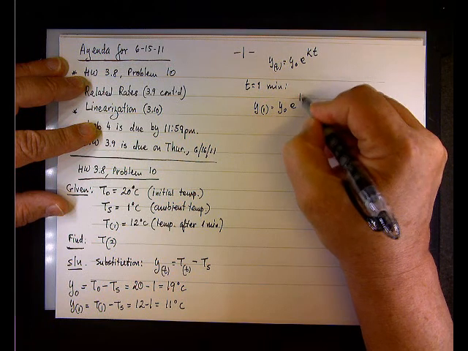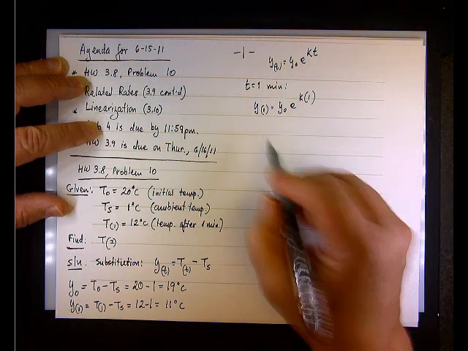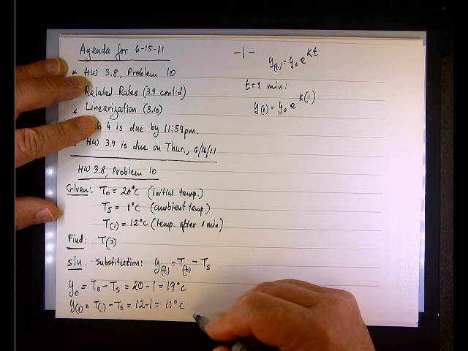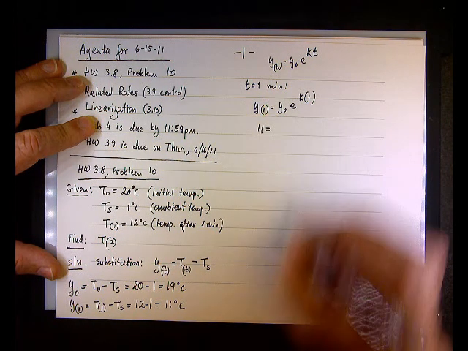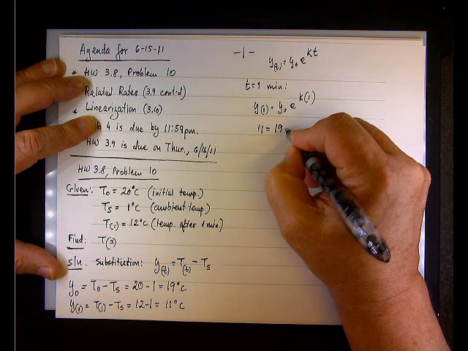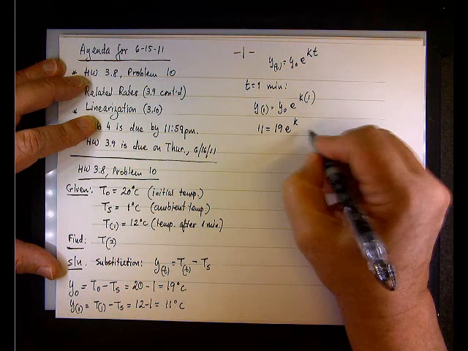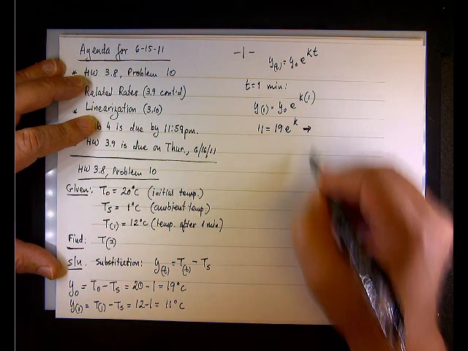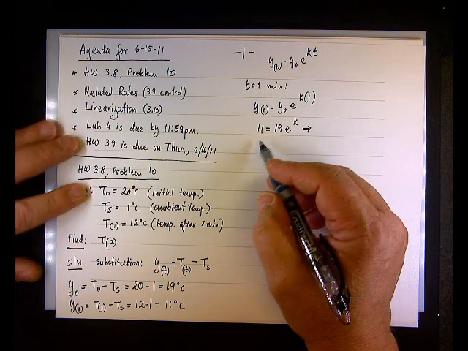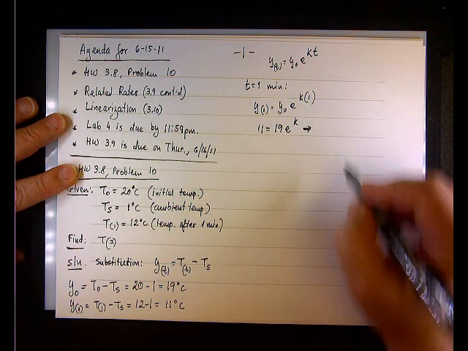y of 1 equals y sub 0 e to the power of k times 1. And plug in the values, and you have 11 equals 19 e to the power of k, and therefore you get the solution.